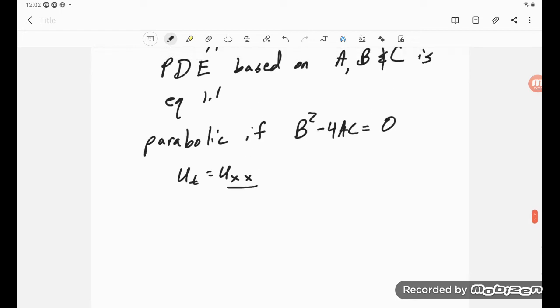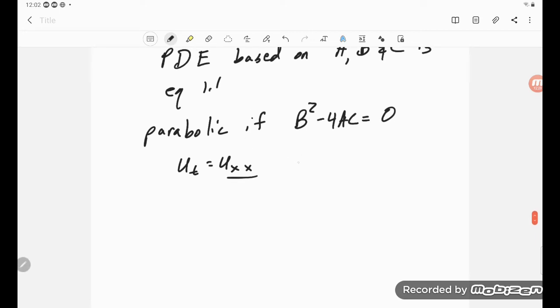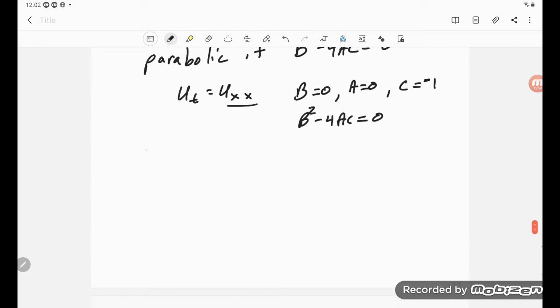But nonetheless, what we see is that B is equal to 0, A is equal to 0, C is equal to 1. Well, actually minus 1, if I put that on the left-hand side. And so you see we get b squared minus 4ac is equal to 0. So that would be parabolic.